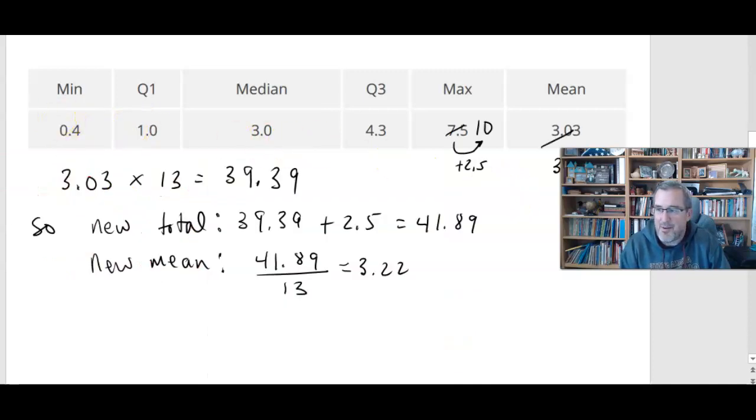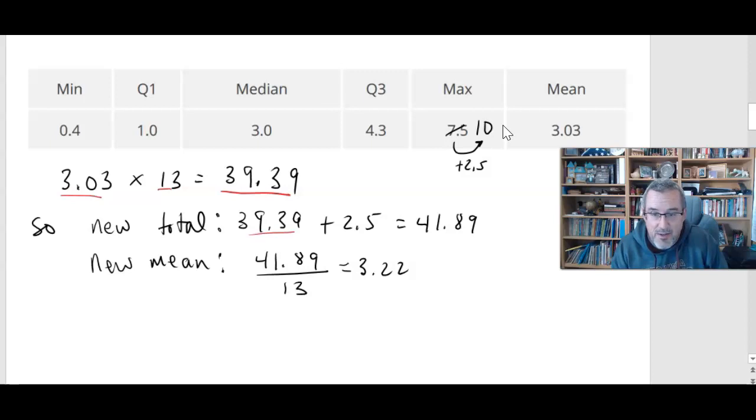But then what about the mean? Well, remember when I said the mean is, well, if everybody was the same, 13 students all live 3.03 miles from school, that's what the mean means. It's as if they were all the same. Then the sum total of all those distances would be 39.39. Well, let's change John. If John moves 2.5 additional miles away, instead of 7.5, he goes to 10, that would be an additional 2.5 miles to this total.